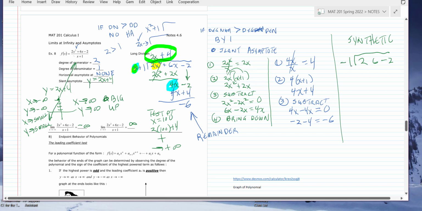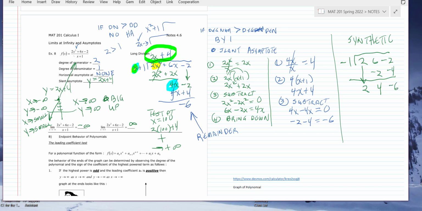You use negative 1, because negative 1 is what makes that expression 0. Here's how synthetic goes. You bring the 2 down. You multiply. Negative 1 times 2 is negative 2. You add the column. That's 4. You multiply negative 1 times 4. That's negative 4. You add, and you get negative 6.